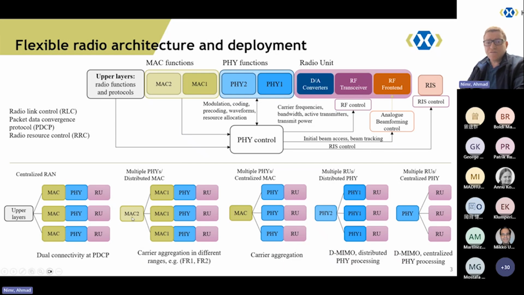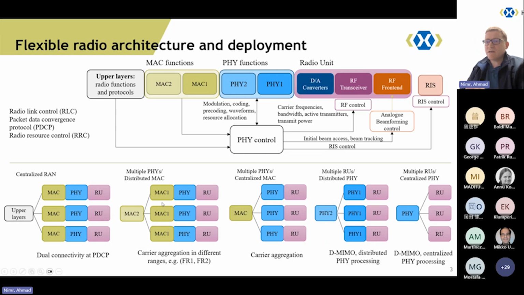Then another degree of freedom from the radio infrastructure perspective results from the functional split, which could realize various aspects such as centralized RAN, carrier aggregation, as well as, from the pure physical layer, different options for distributed MIMO, either decentralized or centralized, in the context of centralized processing or distributed processing.